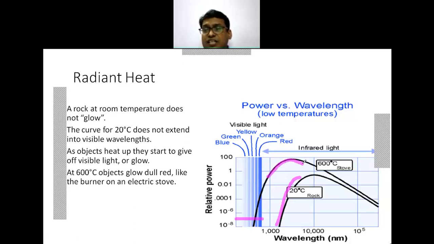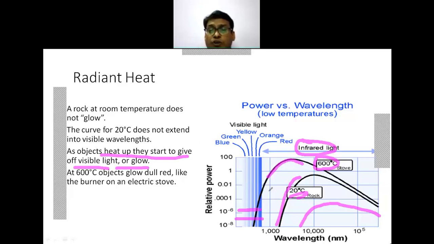As we increase the temperature, the 600 degrees Celsius stove flame can be observed in the visible region. So it all depends on the temperature. As you go below this, you get other curves like this, which go into the infrared region. As objects heat up, they start to give off visible light or glow. That is why we say only at higher temperatures can we observe it. The rest are in the infrared region.